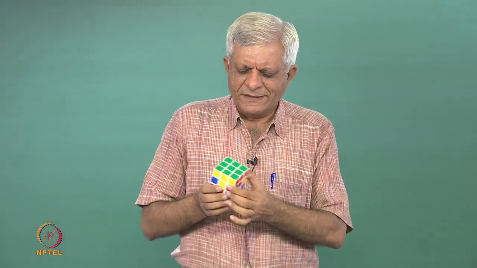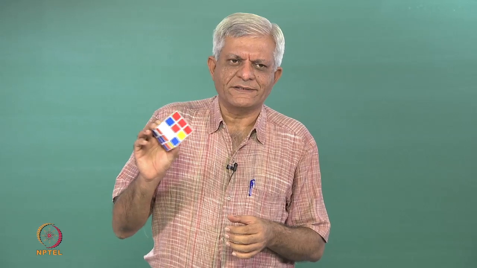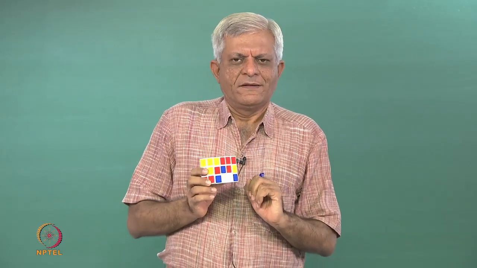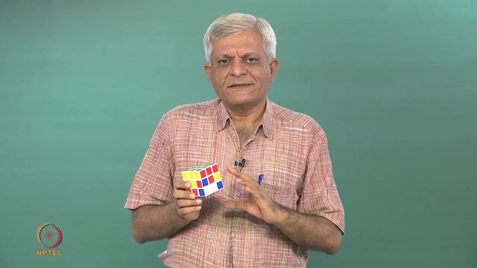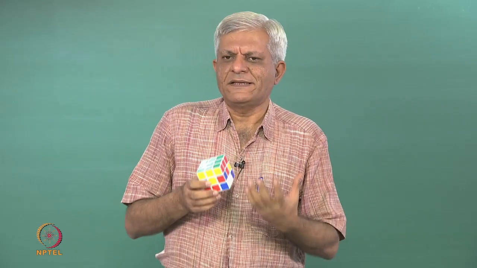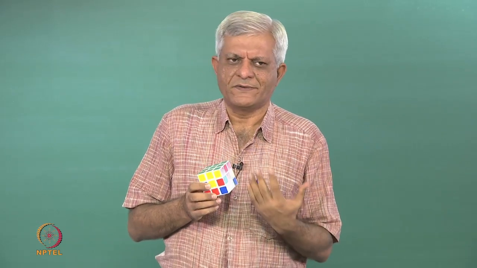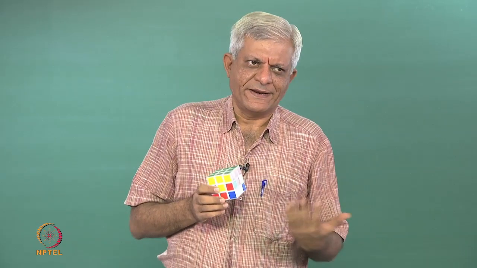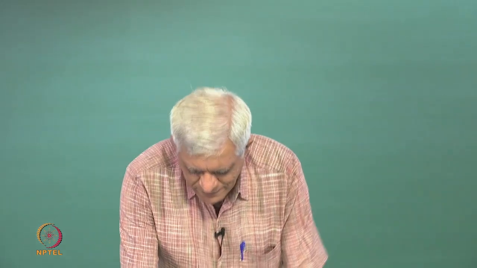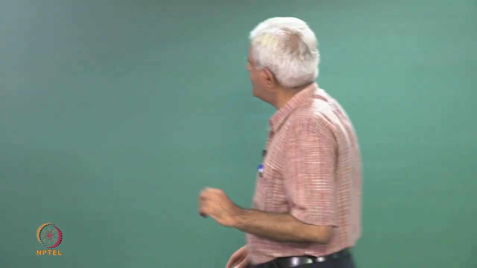I am given the cube, and this particular configuration of this Rubik's cube is a state. The desired configuration of the cube is another state, and in between there are thousands of other states essentially, and I need to find a mechanism.